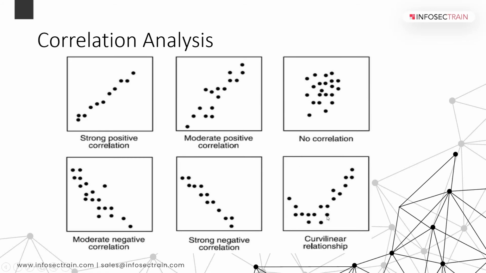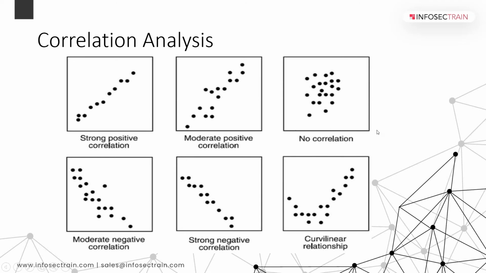And if your data points are just fluctuating, or they are making some distance from each other, then in that case you will say that it's a moderate positive correlation. And if your data points are just plotted in a random manner, then you will say that there is no correlation between X and Y.